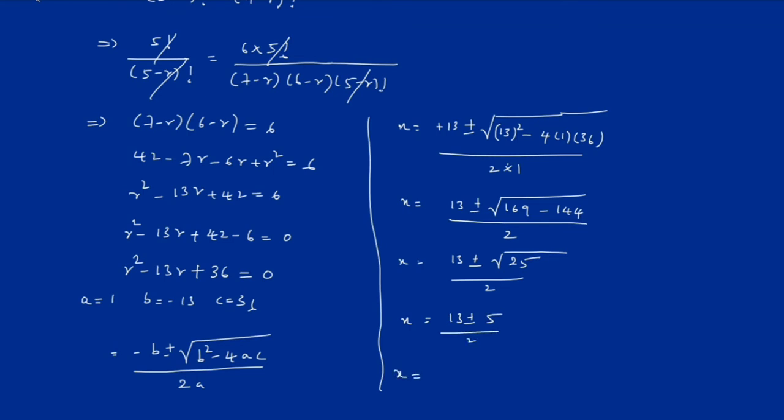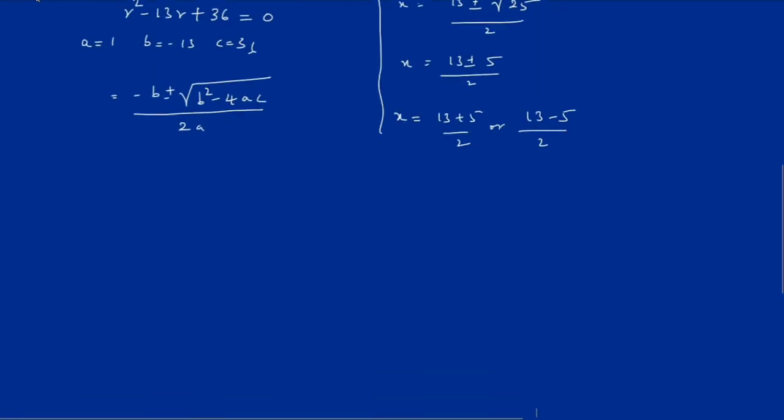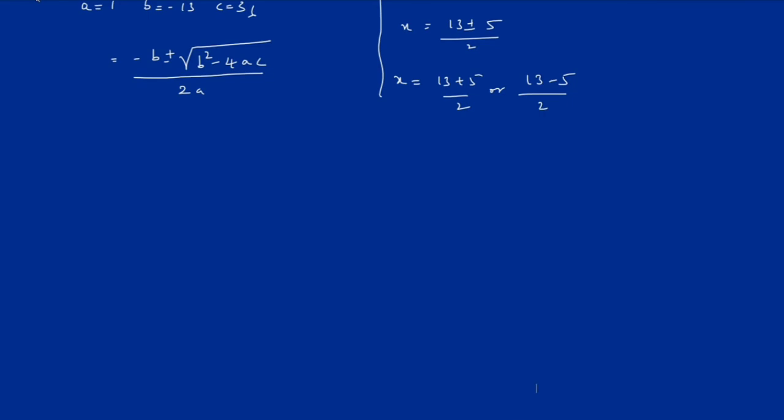It is x equals 13 plus 5 by 2, or 13 minus 5 by 2, right? So x equals 18 by 2 and 8 by 2. So x equals 9 or 4, right?